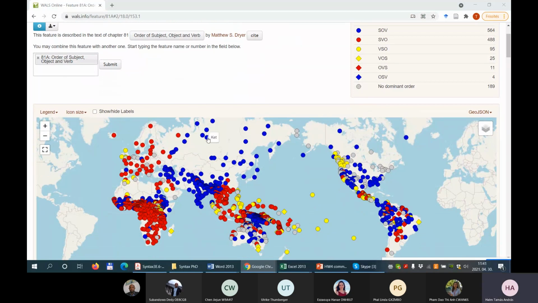The blue circles are SOV languages, the red circles are SVO languages. It seems that there are VSO languages as well, okay, so all kinds of combinations, and it seems that you have pretty much everything in the world. So there is English here, which is SVO, but there are many SOV languages, the blue ones.